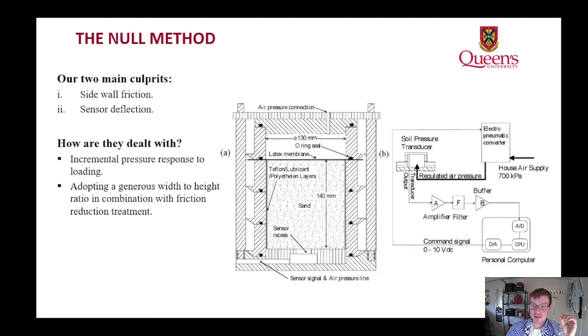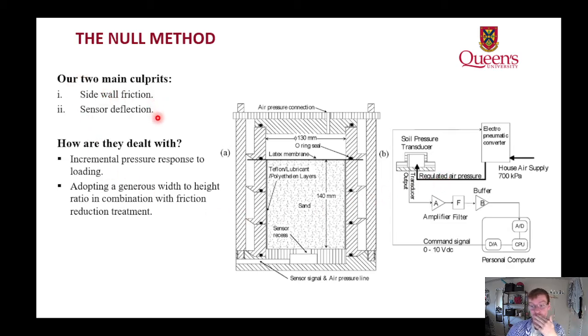So essentially, increasing the pressure response of the sensor in correlation with increased load to maintain a surface of 0 deflection. And from this, we are able to back calculate and use this air pressure to infer a value for applied stress. Simple, but genius.